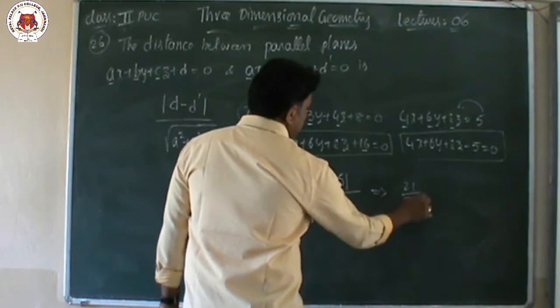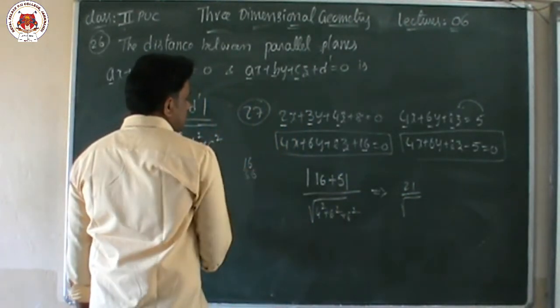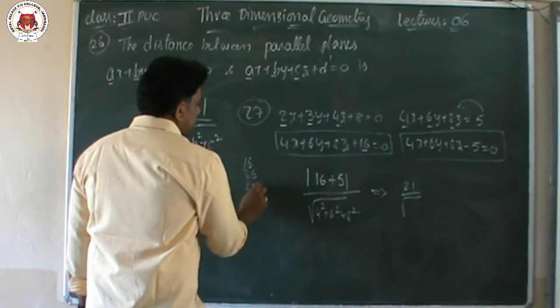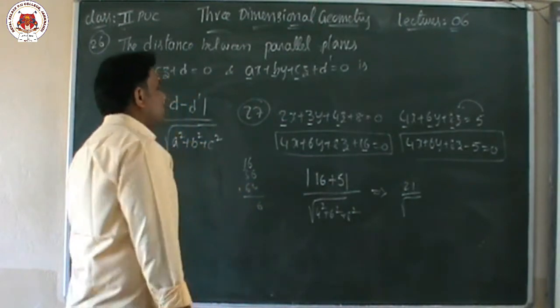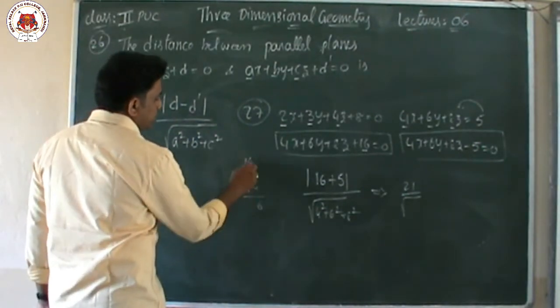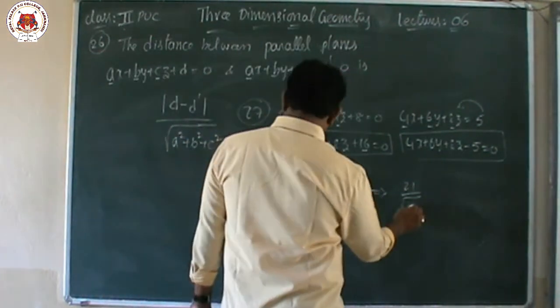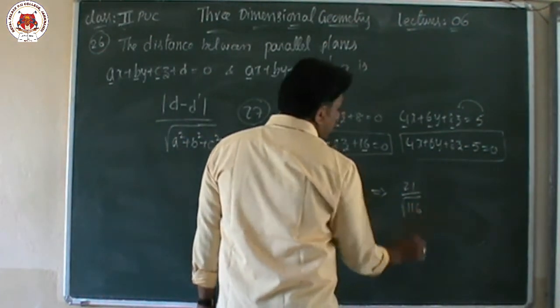So 21 by the square root of 16 plus 36 plus 64. If you add them, 16 plus 36 plus 64 is 116. So 21 by the square root of 116.